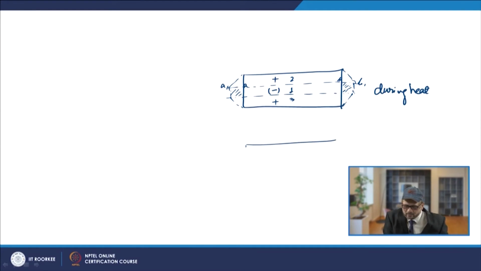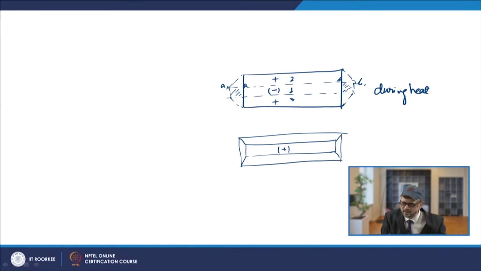So, zone 1 will be under the positive stress, that is the tensile stress, and you will have zone 2 and zone 3 on these sides.